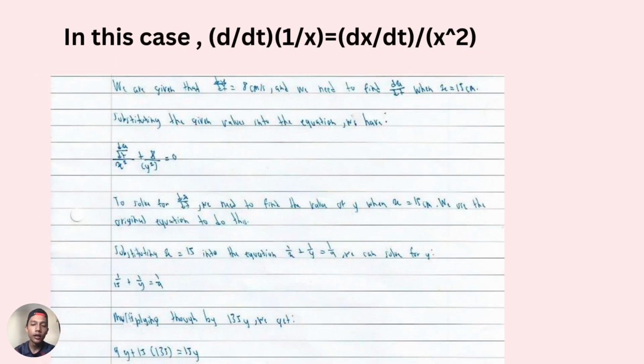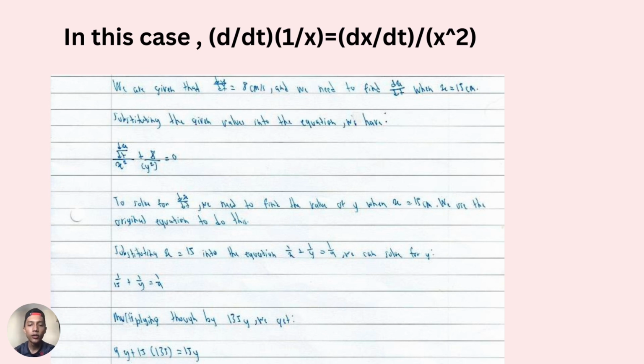So in this case, d/dt(1/x) equals negative dx/dt over x squared. We are given that dy/dt equals 8 cm per second, and we need to find dx/dt when x equals 15 centimeters.